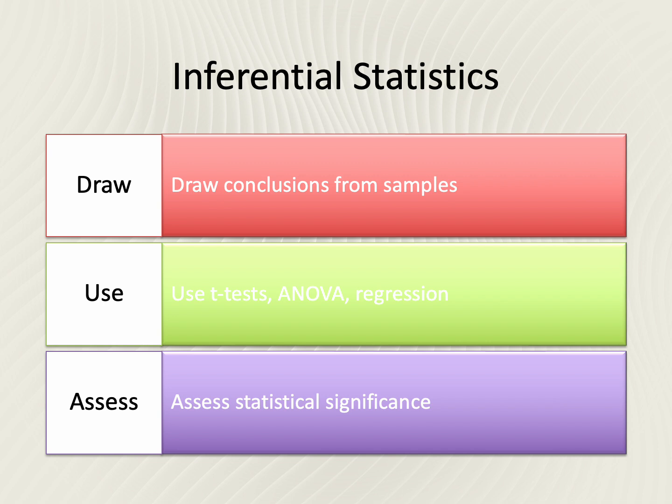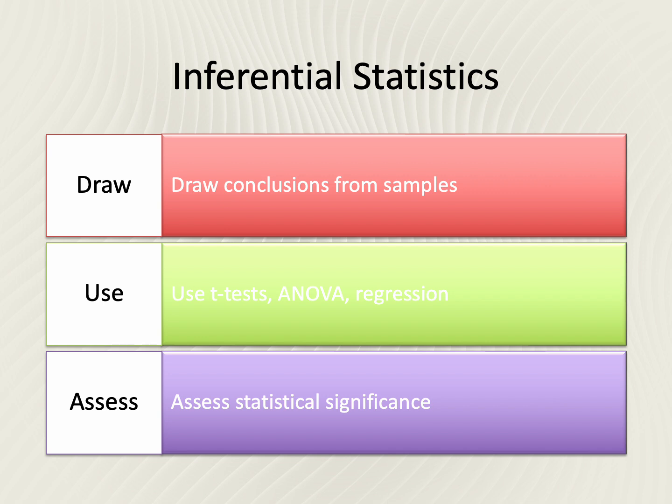Following descriptive statistics, let's explore inferential statistics in Canada's research context. Inferential statistics allow researchers to draw conclusions about populations based on sample data, using tests like t-tests, ANOVA, or regression. For example, a Canadian health study might use a t-test to compare cholesterol levels between two groups, inferring population differences.